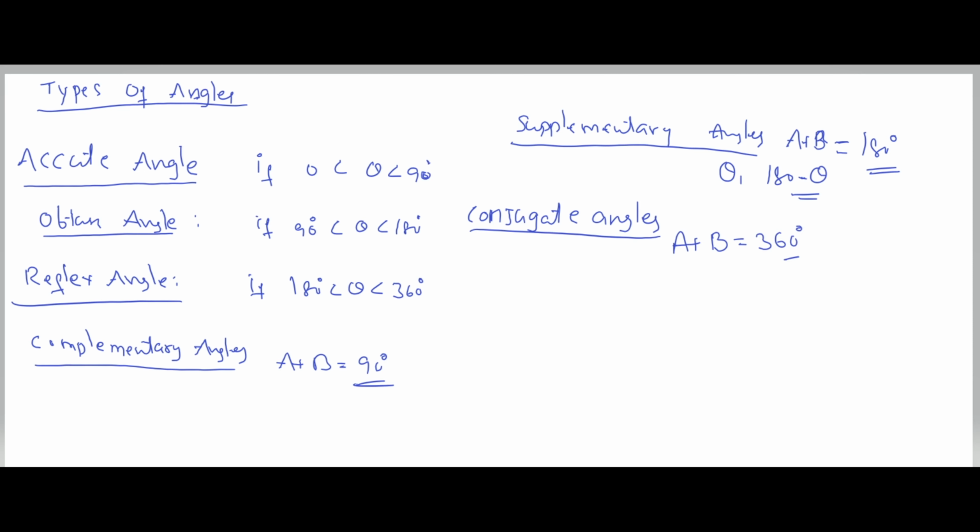Next, quadrant angles. Quadrant angles means the angles 0 degrees, 90 degrees, 180 degrees and 270 degrees are called quadrant angles.